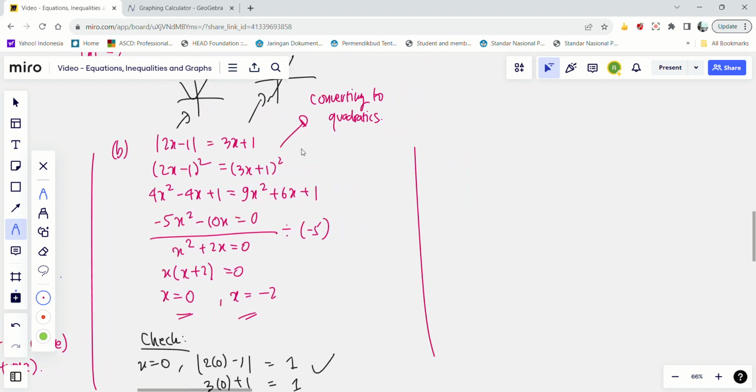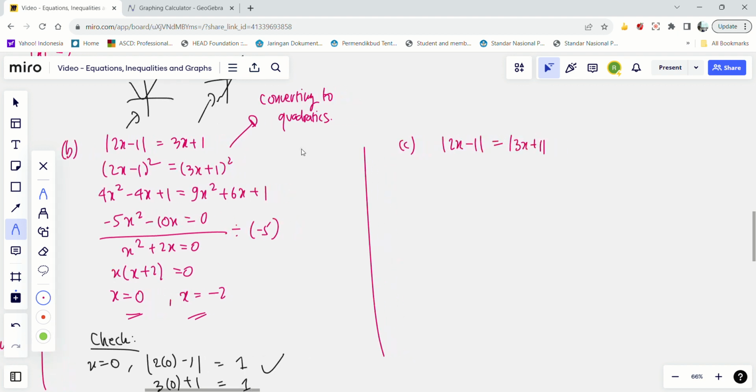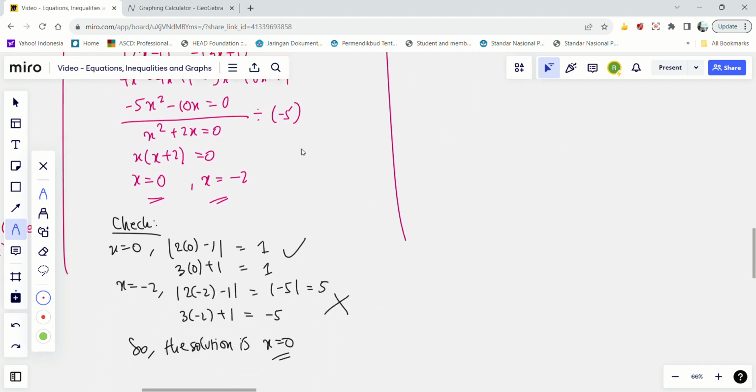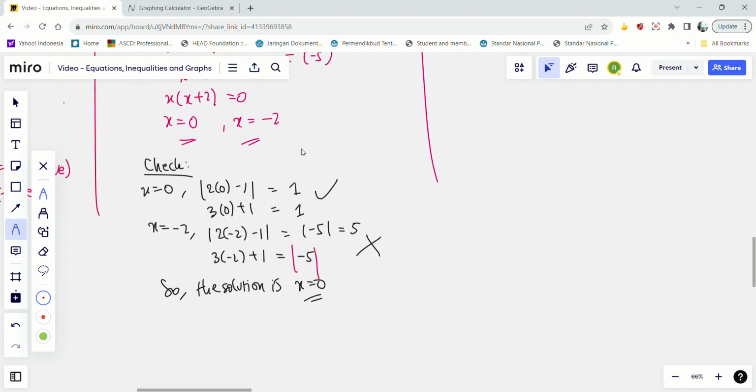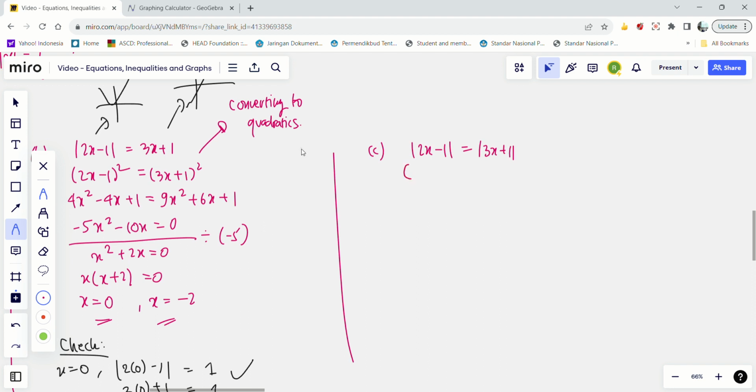So the next one, question C, is the same thing as before, but both sides are modulus. You probably know the answers already, because practically the way we do it is exactly the same, but this time this side has a modulus. So if you know this before, this one will definitely be positive 5, which means both of them will be the answer. But let's just do the tedious working.